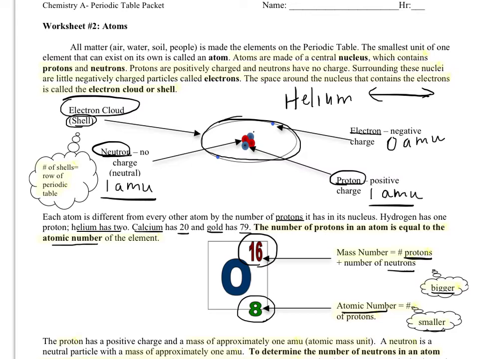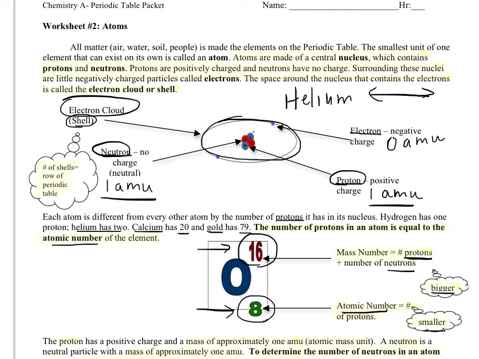Now, it's worth noting that in this particular example, the mass is listed up above in the square, and the atomic number is listed down below. That's not always the case. In fact, on the periodic table that you have in your packet, it's reversed. So you want to remember that the mass is always the bigger number, being that it's the combination of protons and neutrons, and the atomic number is always the smaller number, since it's just the number of protons.